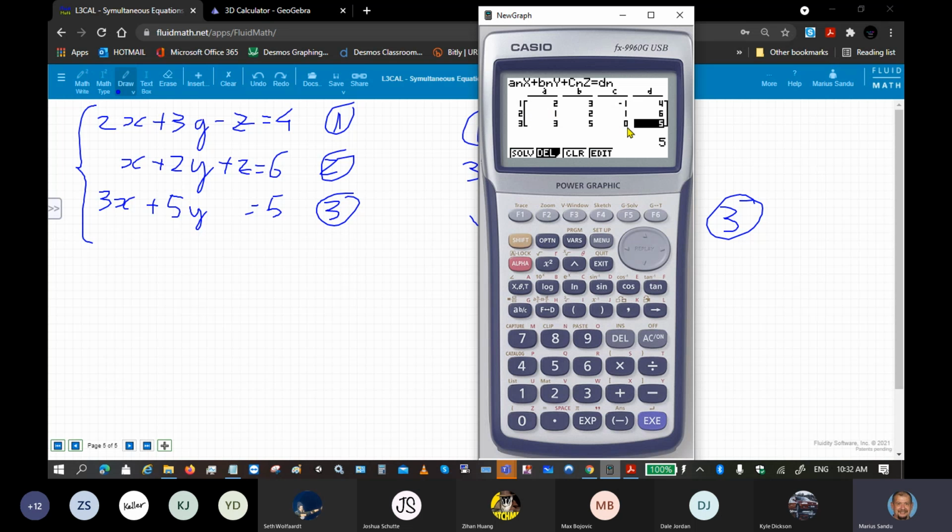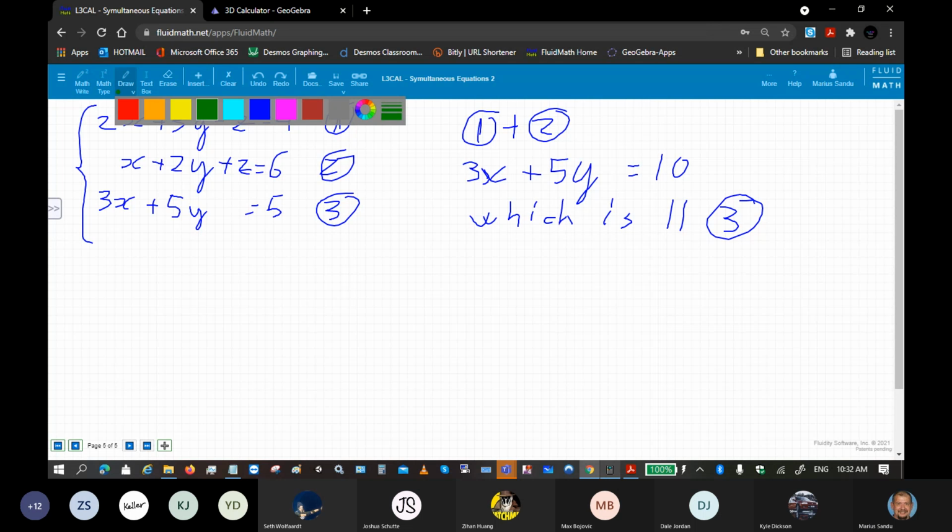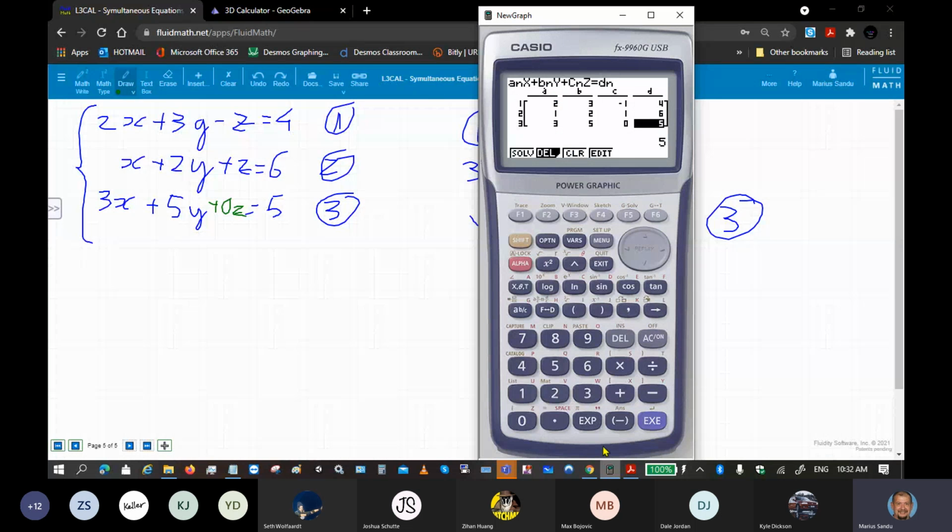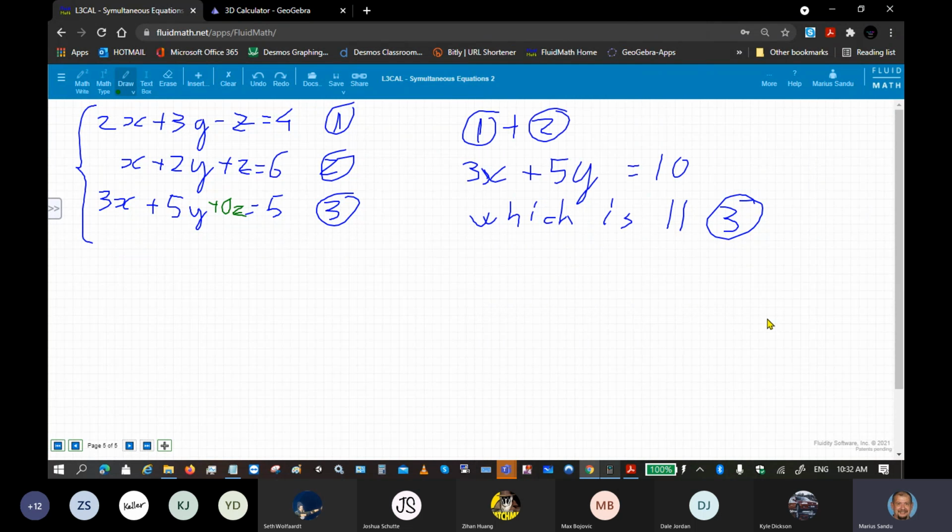So don't forget, if one of the variables is missing here, that means I've got plus 0z. Yeah. So if I want to solve that now, again, no joy. Okay. And that's why I need to inspect those coefficients of my variables.